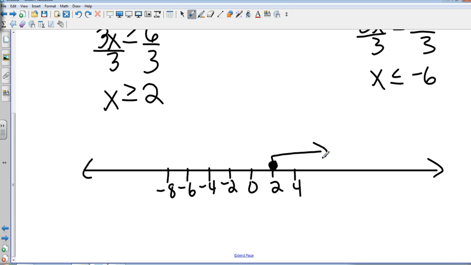And less than or equal to negative 6. That is also a closed circle above negative 6, but because it's less than, it's an arrow to the left. Okay, so again, they could be pinched in the middle, or they could go on the outskirts in opposite directions. Okay, so that about covers Chapter 5, Section 5, Absolute Value Inequalities, about 6.5 minutes.